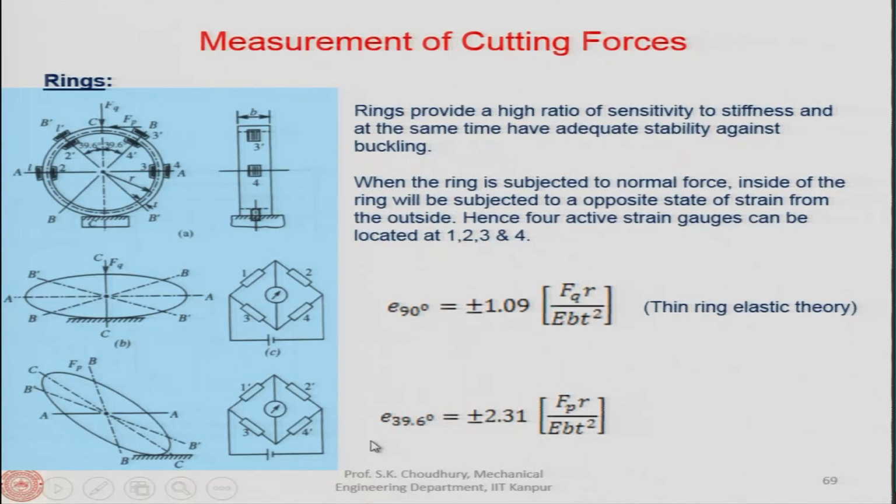Now, suppose the force which is acting is like this, and here this is the Fc. Oh, here it is written Fp, okay, but the direction is not given. So the force will be like that, and Fq will be the thrust force, vertically located.